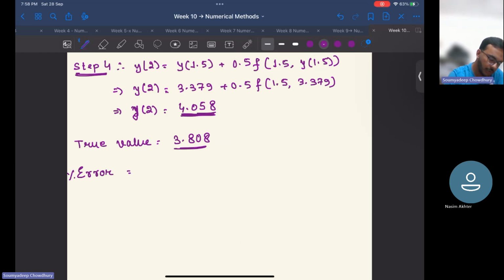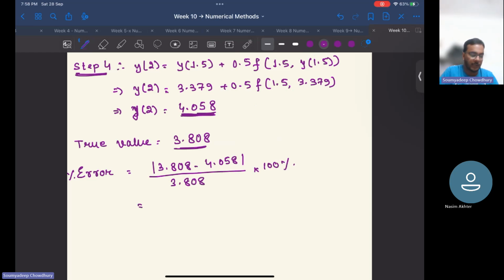The percentage error is mod of 3.808 minus 4.058 divided by the true value into 100%. If you calculate, it is 6.57%.